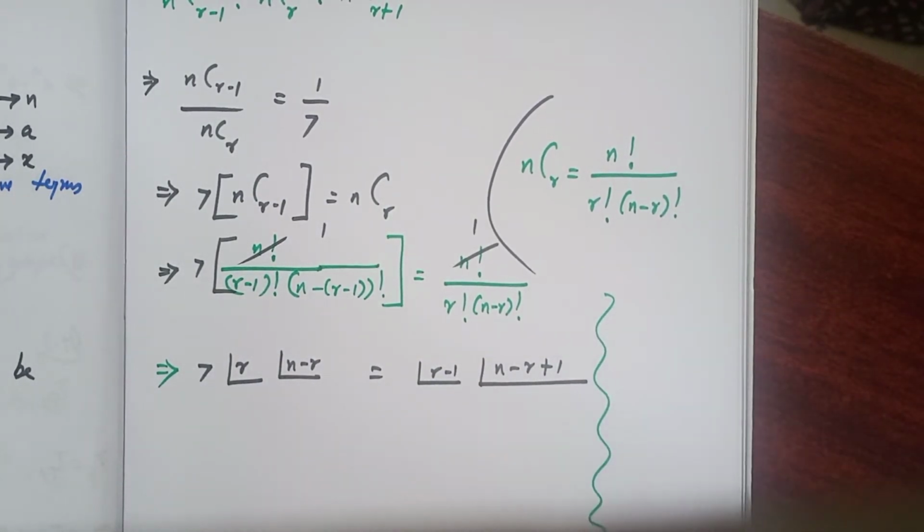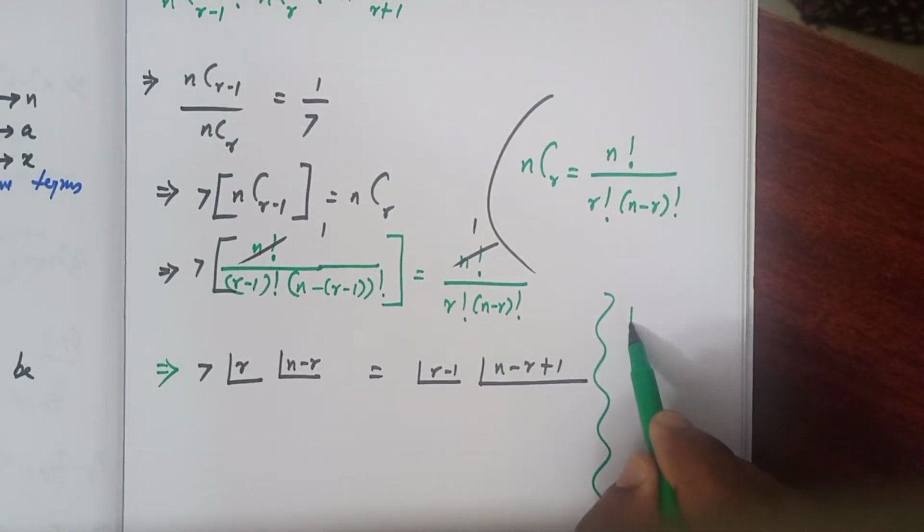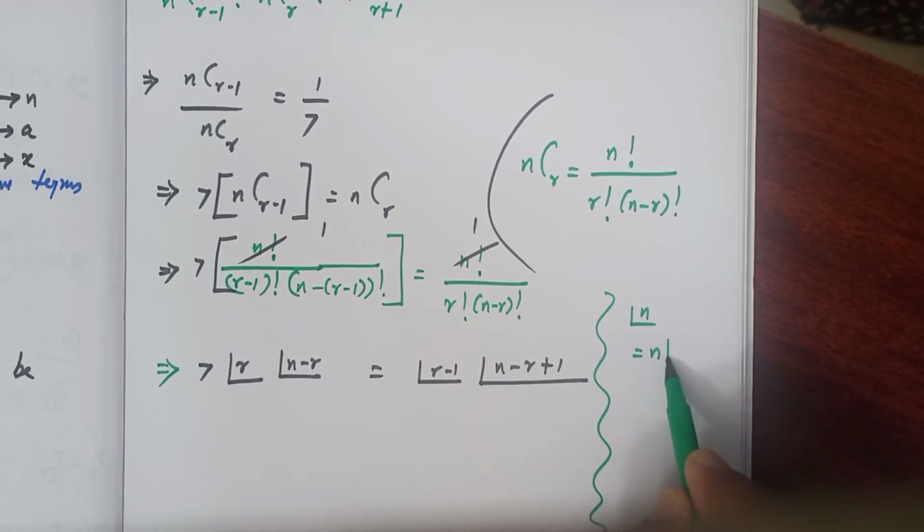You just note down this one. Particularly, n factorial can be written as n into (n-1) factorial. So inside the factorial n comes first, then inside the factorial 1 has to be reduced, so n becomes n-1.